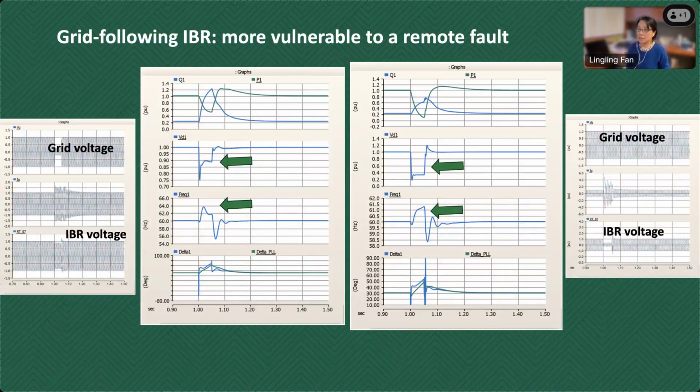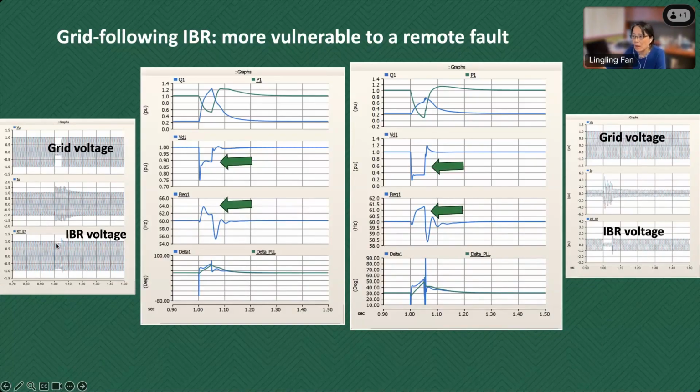So for another experiment, if you do EMT simulation, you can see this one. You put a fault, the grid voltage dips. This is again a weaker grid. You can either make the grid voltage dip, or you can put a fault at the IBR close location. So if you put a grid voltage dip, the IBR voltage does not dip too much.